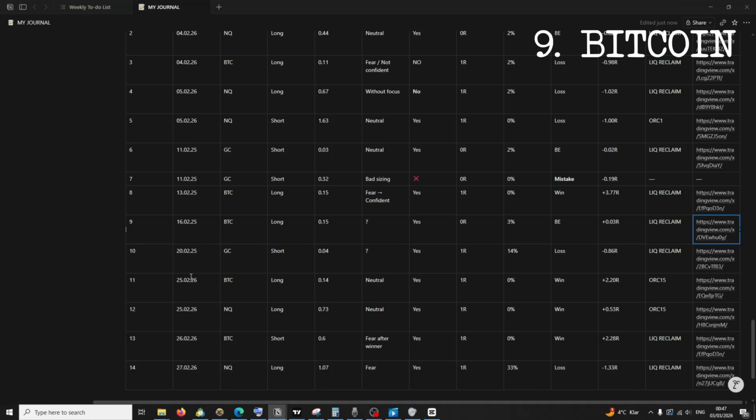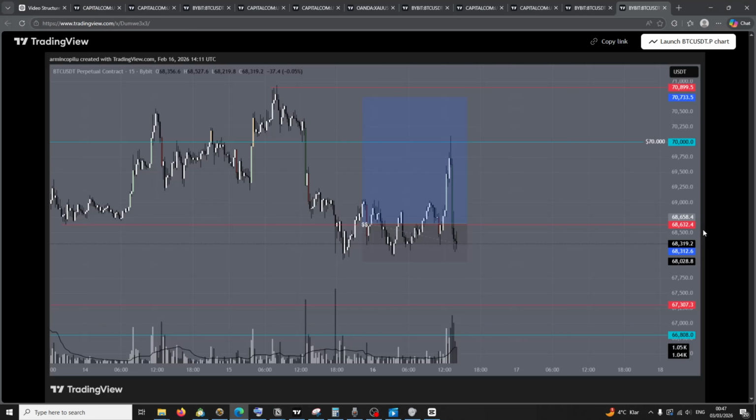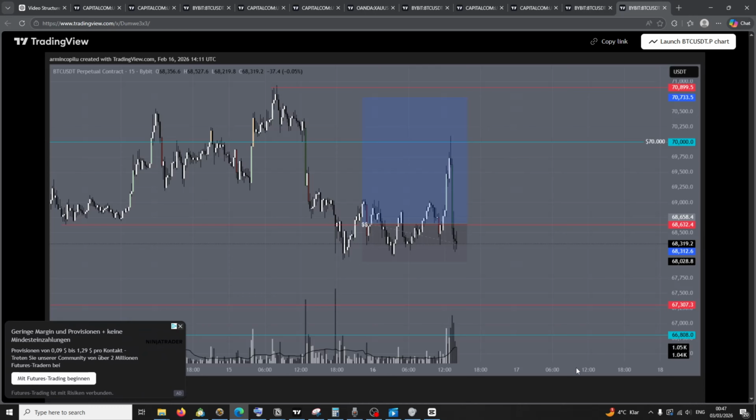So trade number 9, BTC, again a long position, again pretty low sizing. Expected loss null R, deviation 3%, and ended up in break even. Same setup.